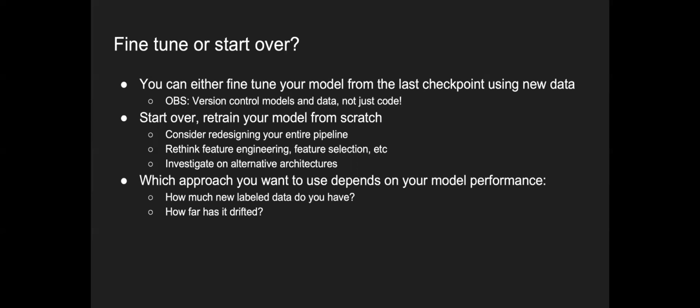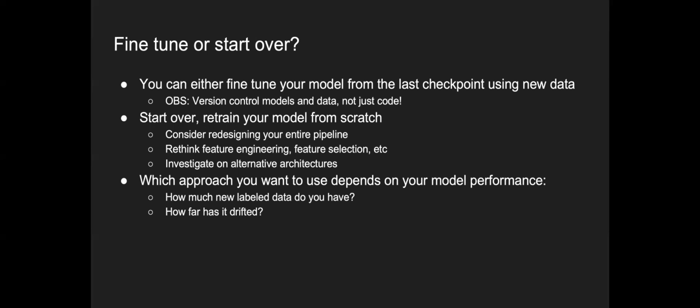If you think about starting over and retraining your model, then you should consider redesigning your entire pipeline, and also think about the feature engineering and feature selection, and investigate alternative architectures that are out there.